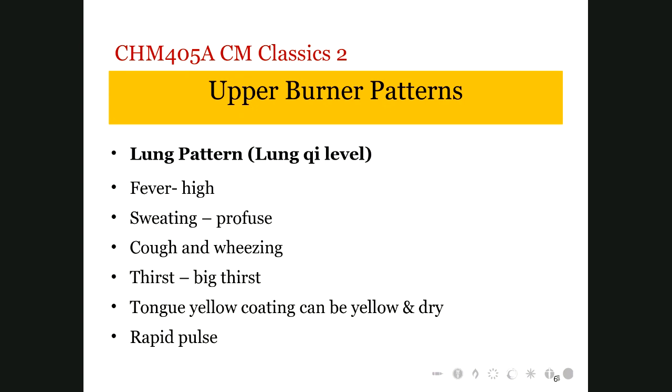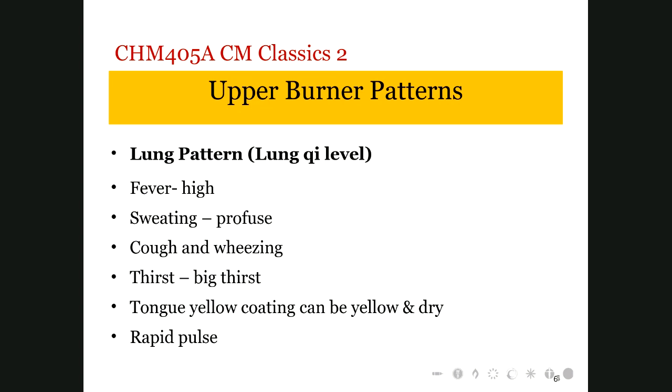Now for the upper burner pattern again, this is at a much deeper level. So in the Wei level, versus the upper burner at more Qi level, fever is more dominant, as well as the other big four conditions. On top of that, you can see the lung's dispersing and descending ability is affected.